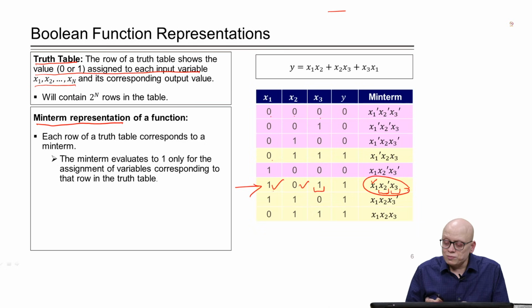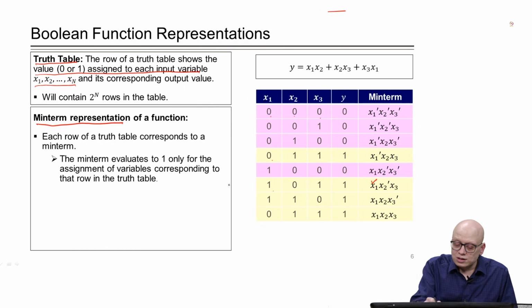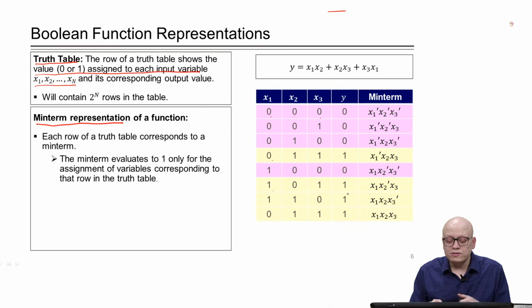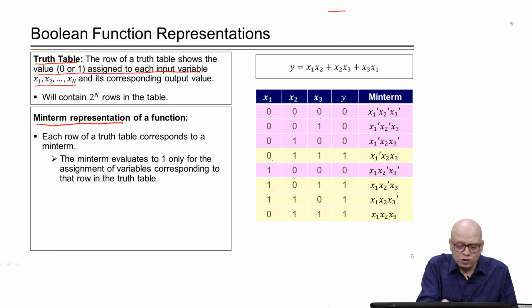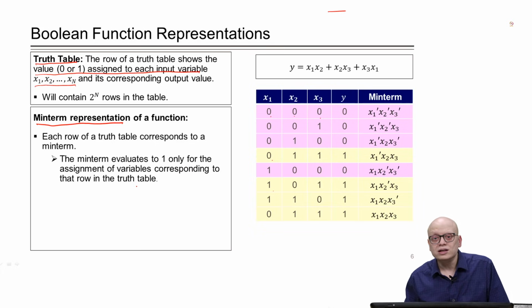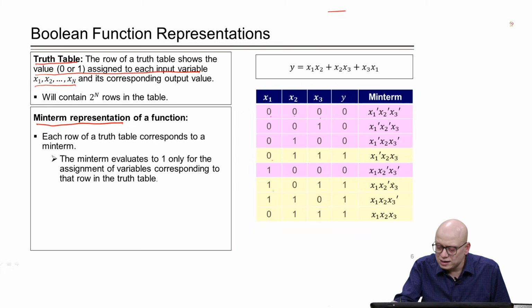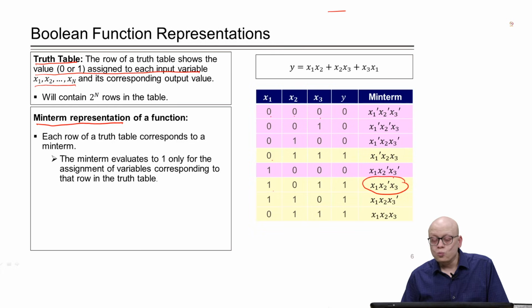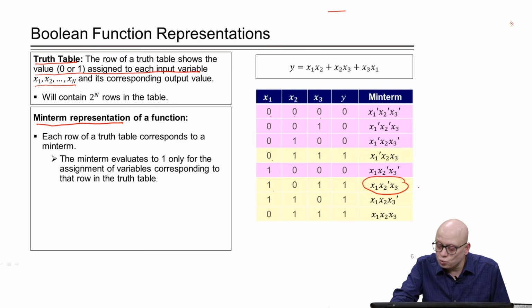Now, what will be the property of these minterms? The minterm will evaluate to 1 only for the assignment of variables corresponding to that row in the truth table. For example, if we take this particular minterm, it will evaluate to 1 if x1 = 1, x2 = 0, so its complement x2 dash becomes 1, and x3 = 1.